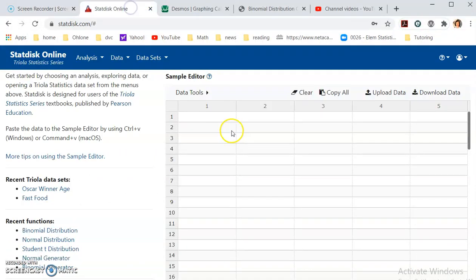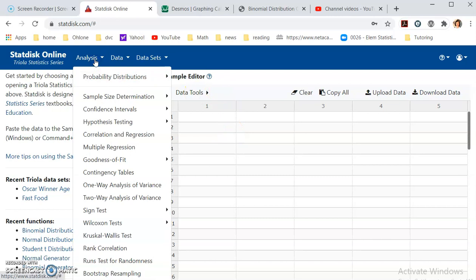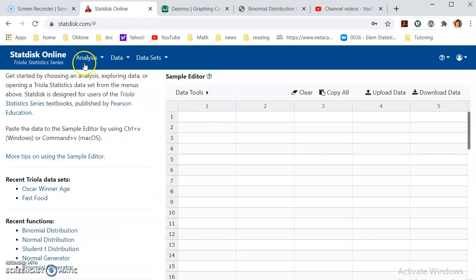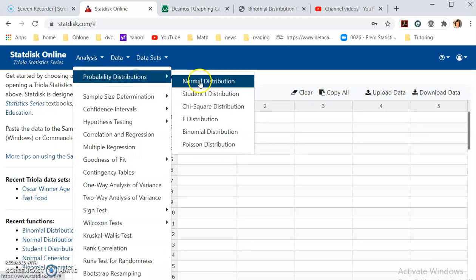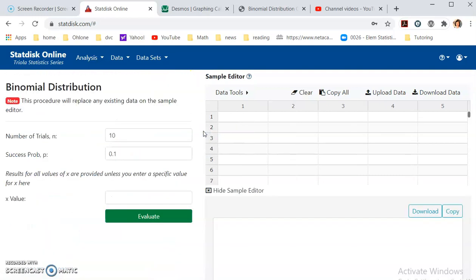You go to StatDisk online, and when you open it you should see this, and then you look at probability distribution. You click on it, and you will see normal distribution. We want binomial distribution, and then it will ask you the number of trials n and the probability of success in one trial. By default it's 10 and 0.1, but you can change it.